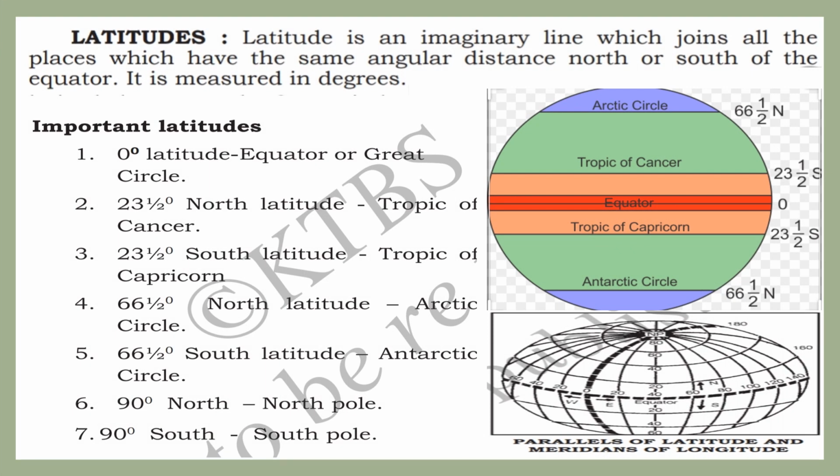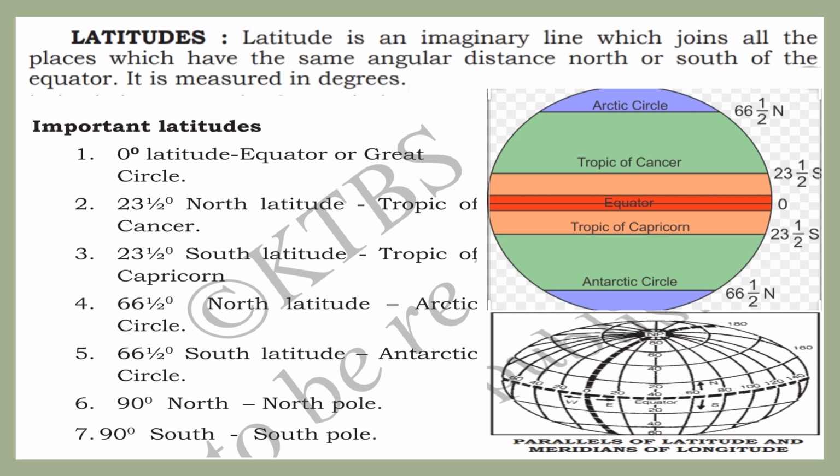Next, latitudes. What are latitudes? Latitude is an imaginary line which joins all the places which have the same angular distance, north or south of the equator, and it is measured in degrees.